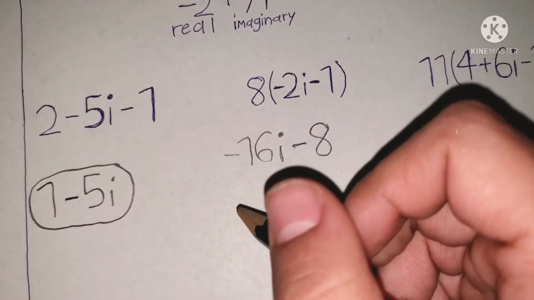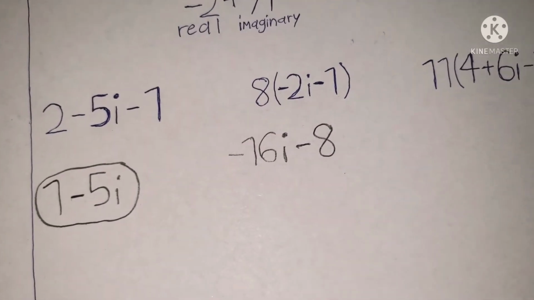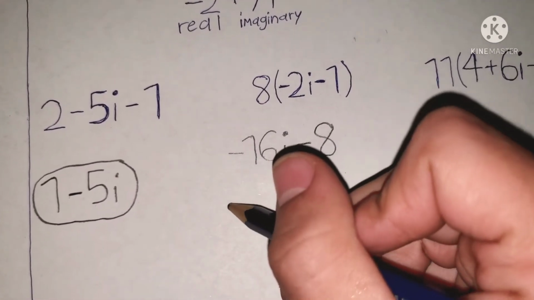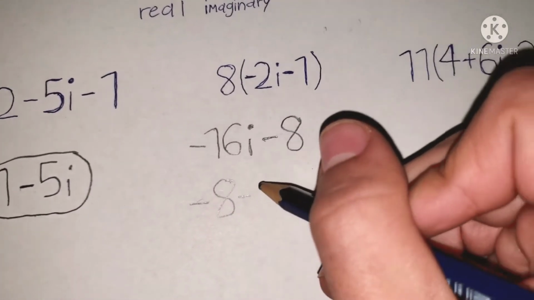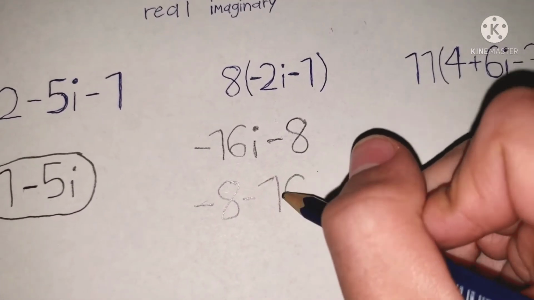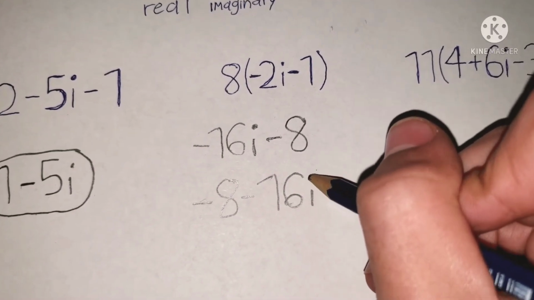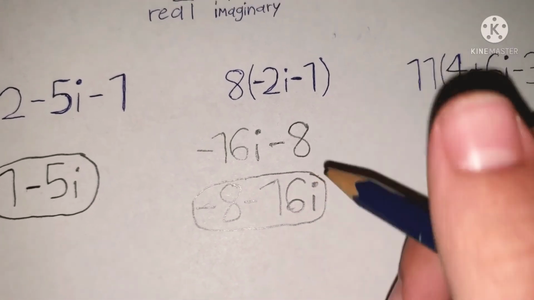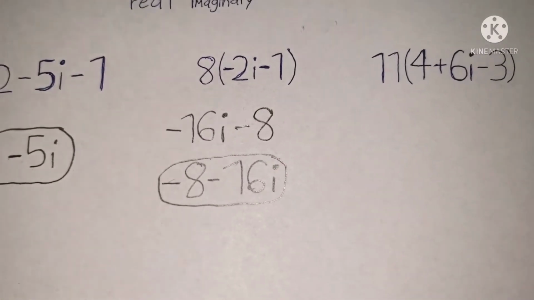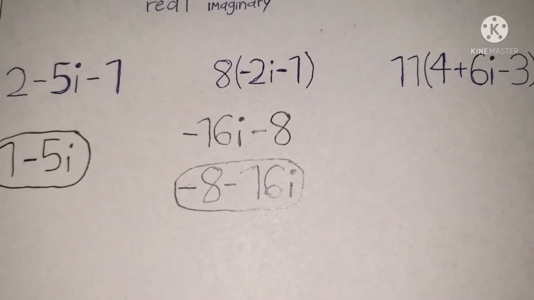So this is how you get it here. And all you have to do is flip these around. So it's going to be negative 8 minus 16i. So this is the answer, negative 8 minus 16i.